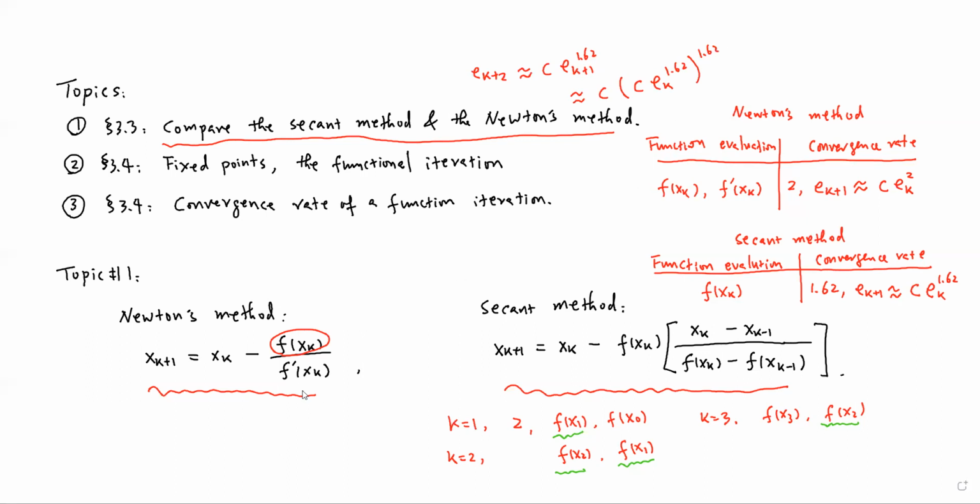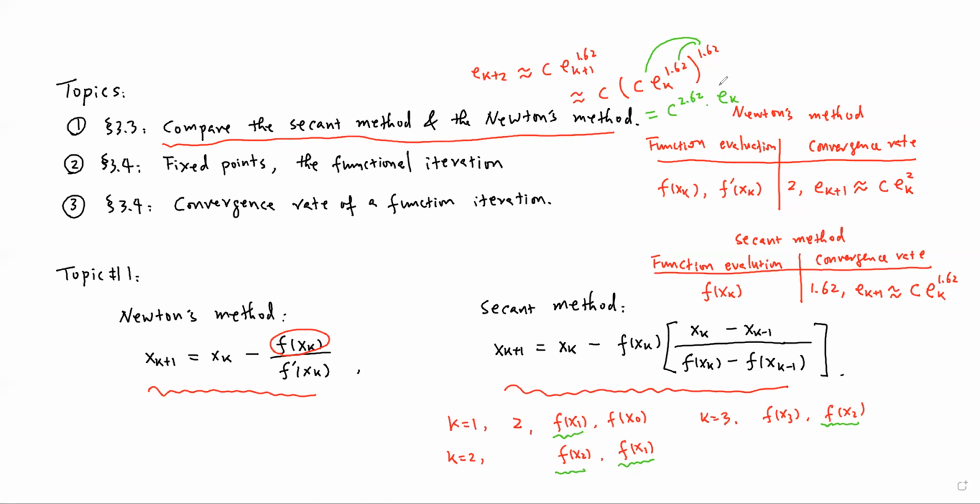So this is equal to C to the power 1 plus 1.62, distributing the power, times e(k) to the power 1.62 times 1.62.